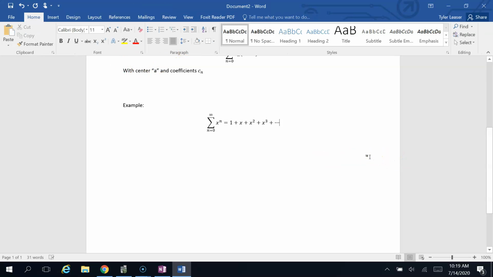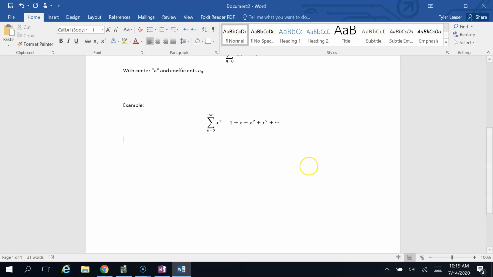So this infinitely long polynomial, this power series, if you want to think of it this way, this actually converges to something. We know this converges to something because this is kind of like a geometric series. It's a geometric series where our r is this x. So as long as this x value is a number absolute value wise that is less than 1, this is going to converge.